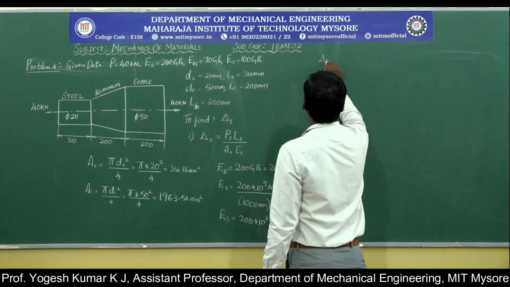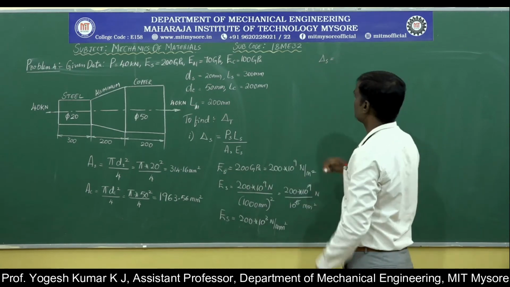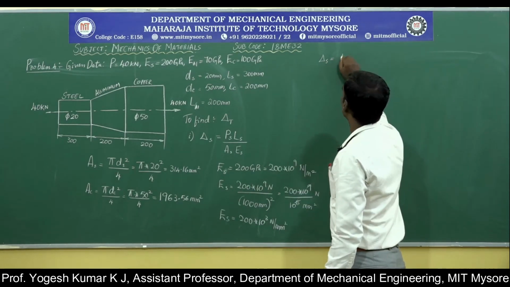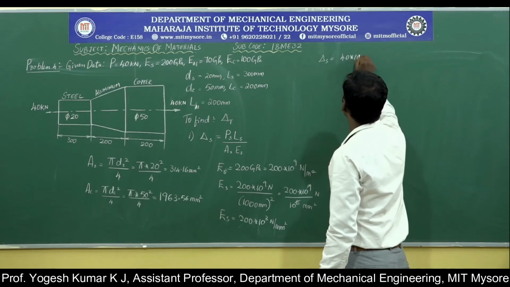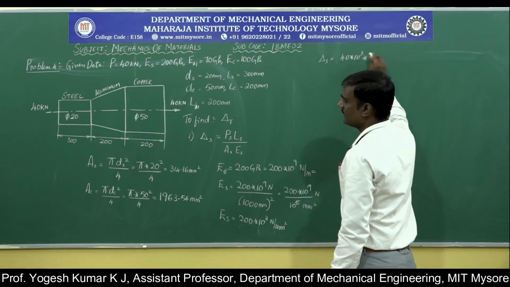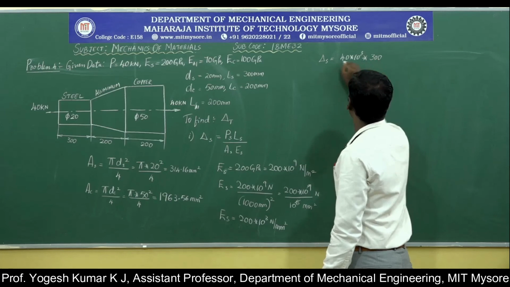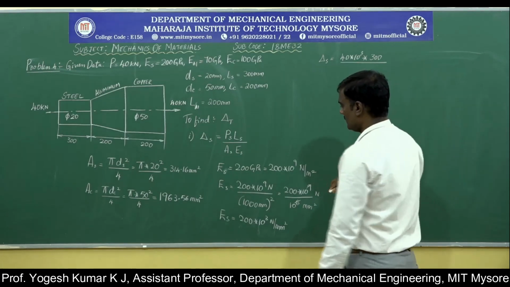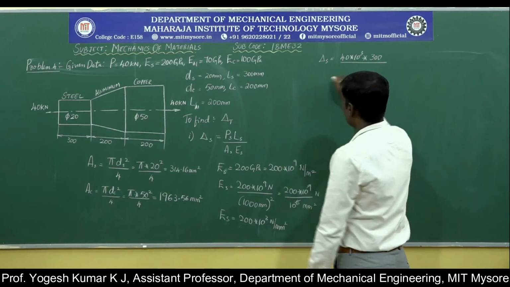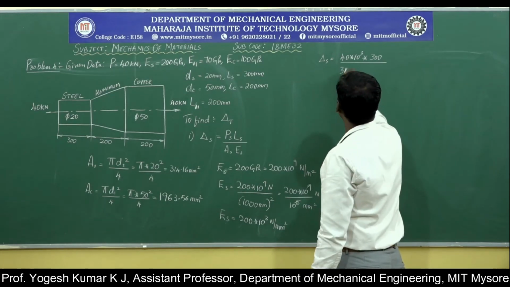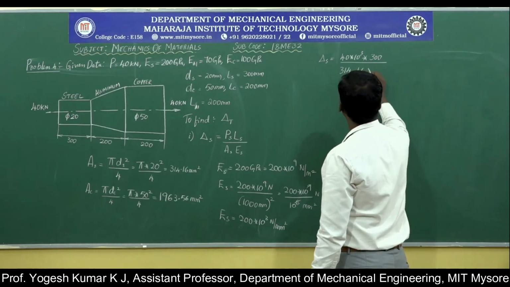So delta S, that is elongation of steel. The PS is 40 kilonewton. The length of steel is 300 mm. Then we have area of steel as 314.16.